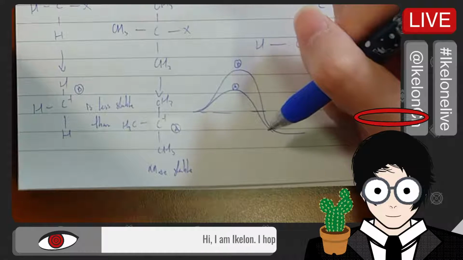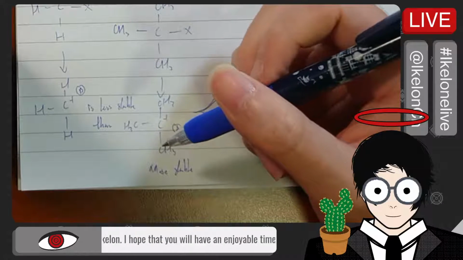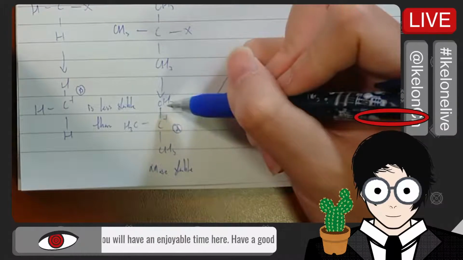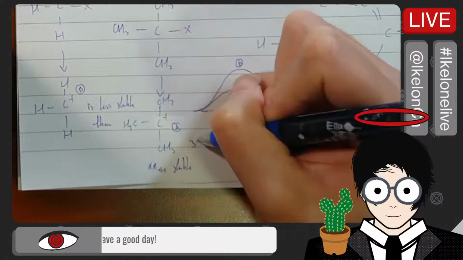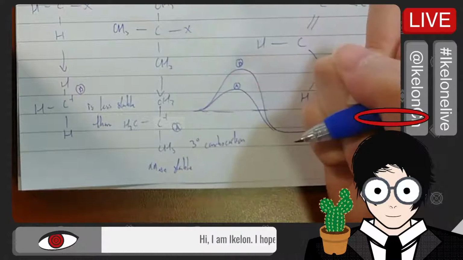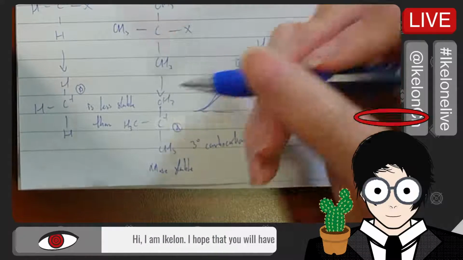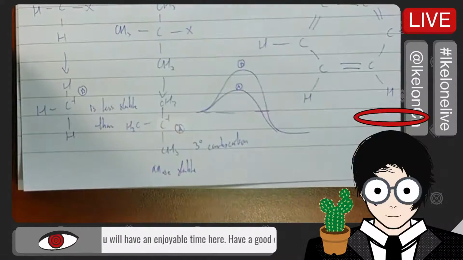And also, this one has 3 alkyl groups, so this is actually a tertiary carbocation. This one, I'm not sure there's a name for it. I guess it's just called a CH3 carbocation.